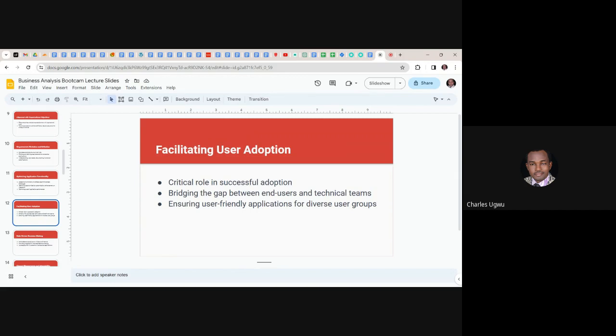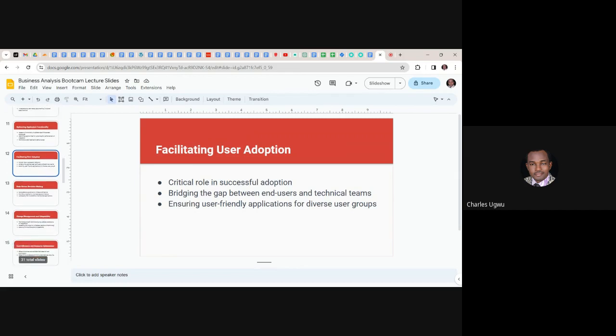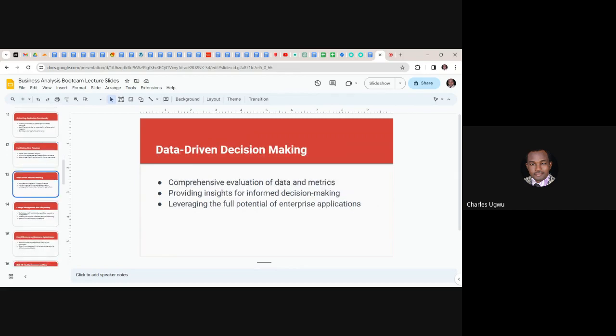So this is where business analysis comes in while managing enterprise applications. We look at data-driven decision-making. Just like I said, when there is a good integration, I equally use Dynamics 365.